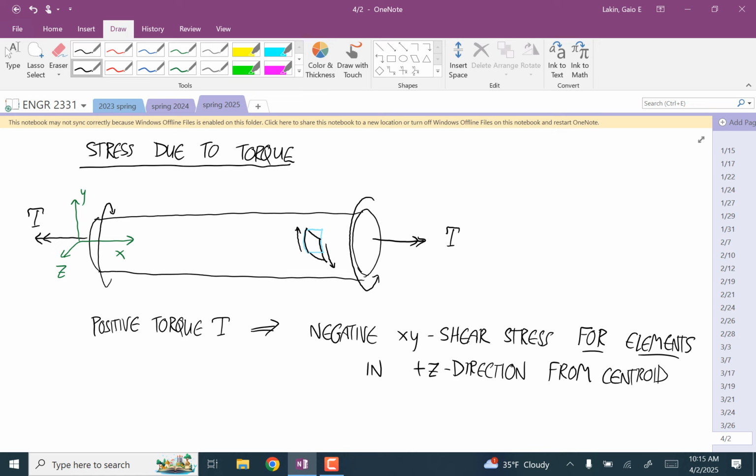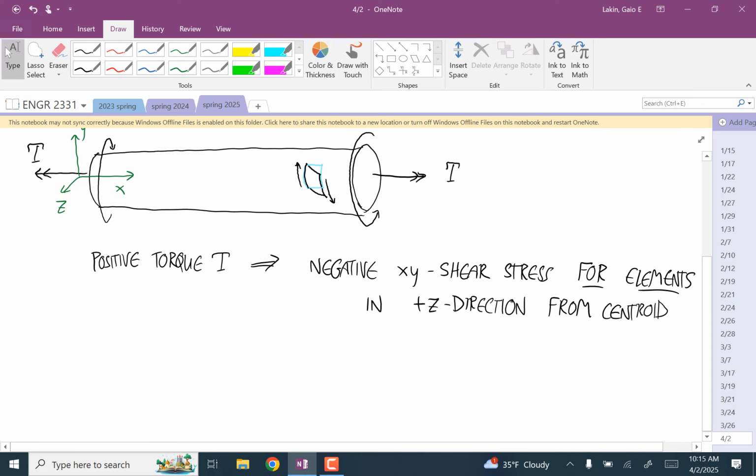Okay, so what are we gonna do? So I'm gonna give you a function for calculating this. We're gonna always think of this as an XY shear stress, okay? But it's not always an XY shear stress. It's different in different directions. So how are we gonna deal with that problem? Well, we're gonna use a coordinate system transformation.